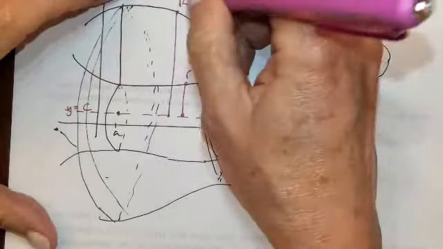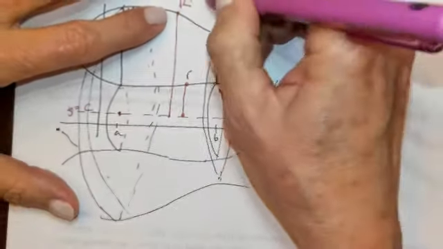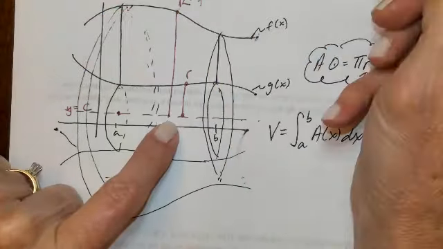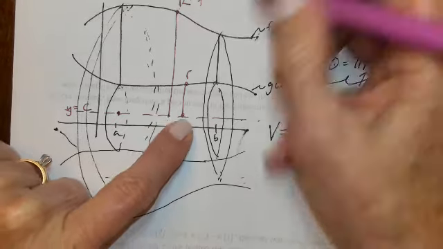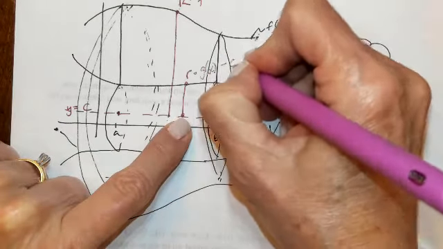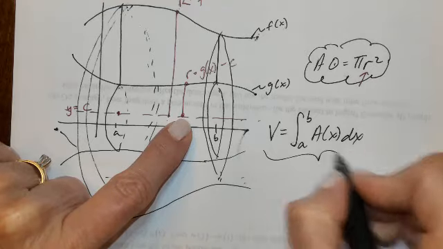So my big radius will be, again, top minus bottom: f of x minus whatever this c value is. And my little radius will be g of x minus that c value.